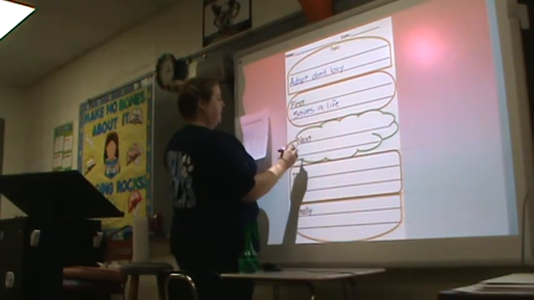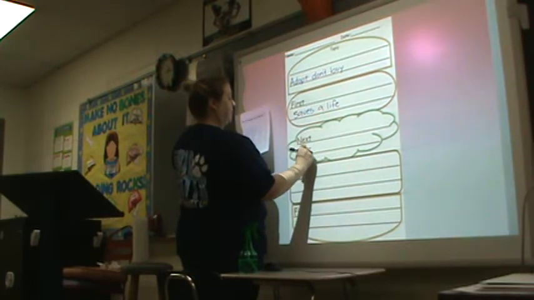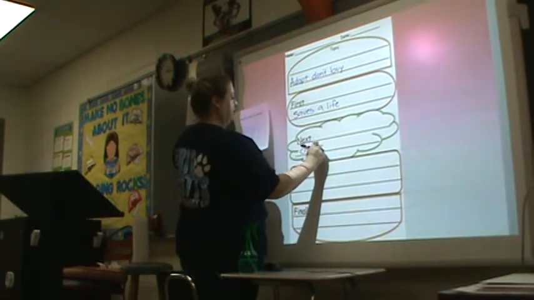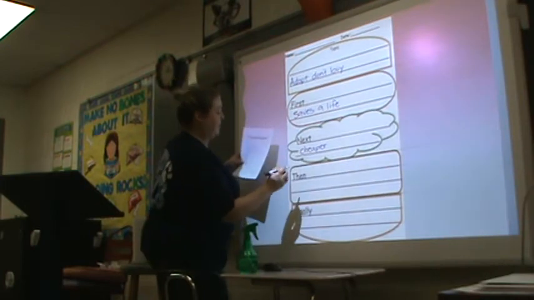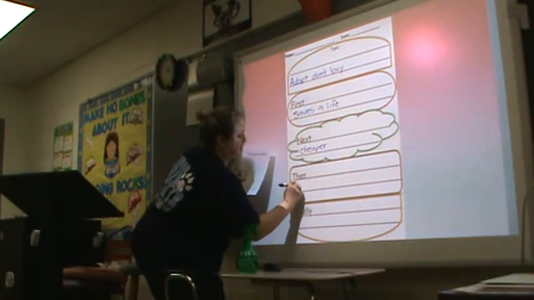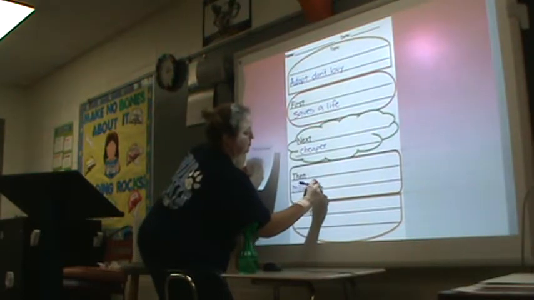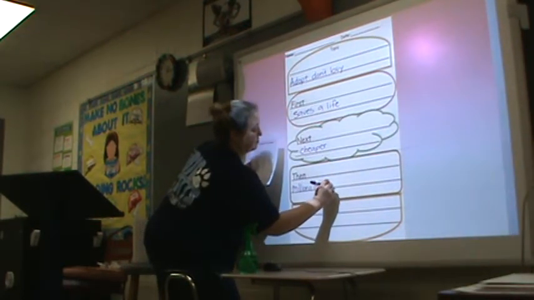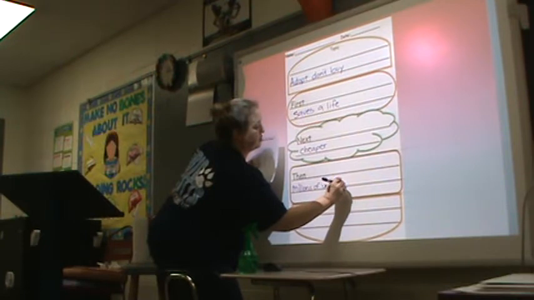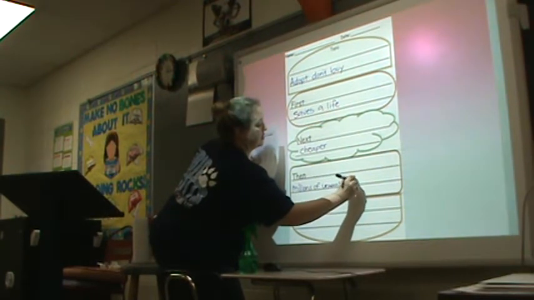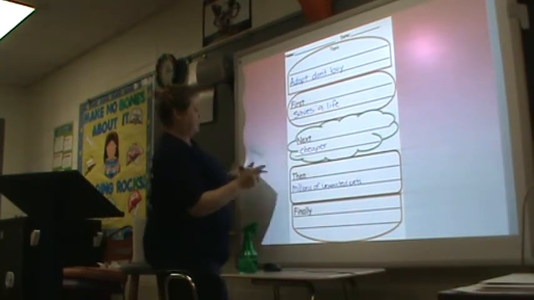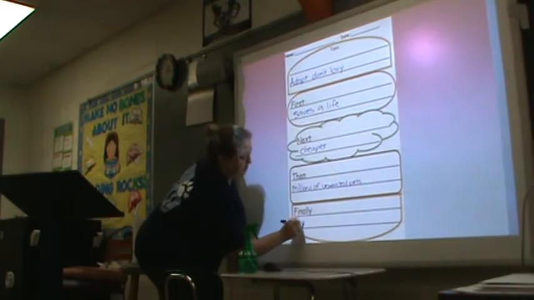My second detail, cheaper. My third, millions of unwanted pets. And then my closer is going to be lots to choose from.